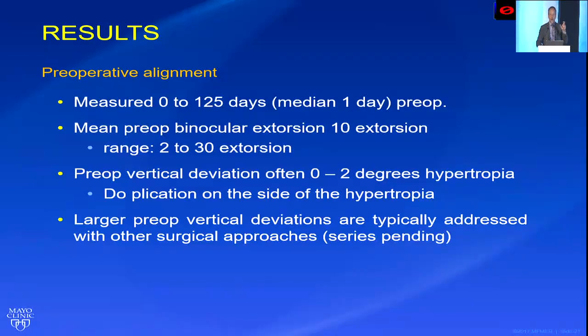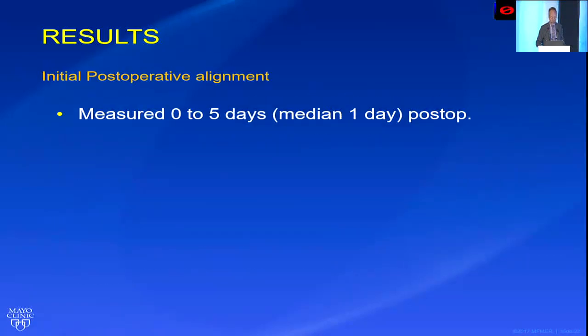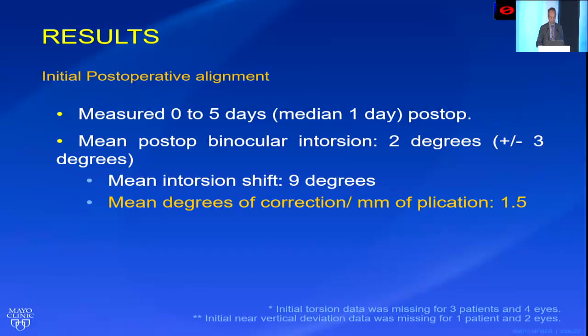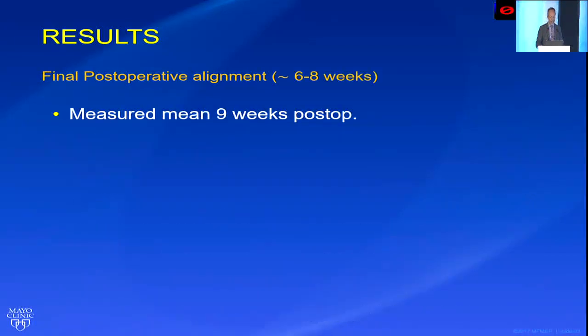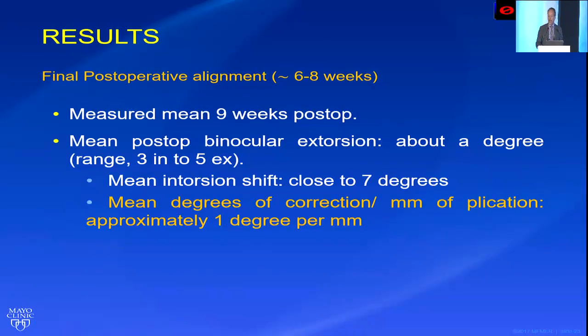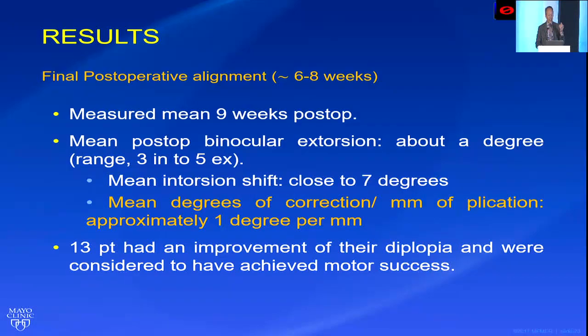I've done them with a BMR or other combinations, and I've had a great response. Initially, it's a little bit strong. I get maybe a little more than 1 degree per millimeter, but as it relaxes, that's about what I get. Again, Dr. Holmes suggested this with his advancement technique. Why do I like this?